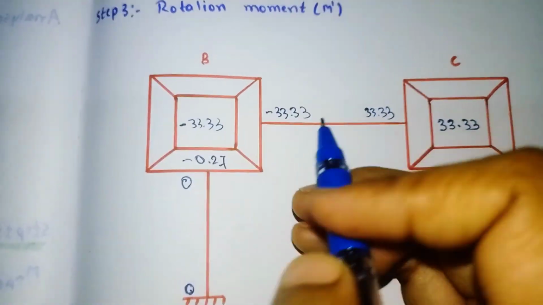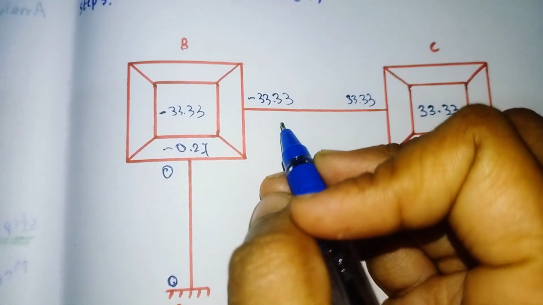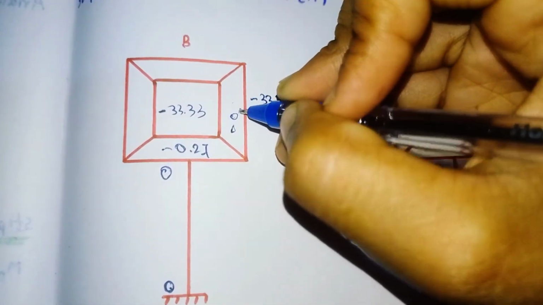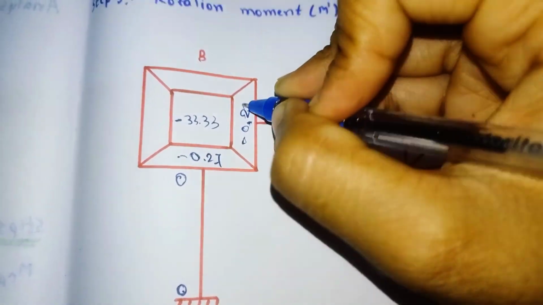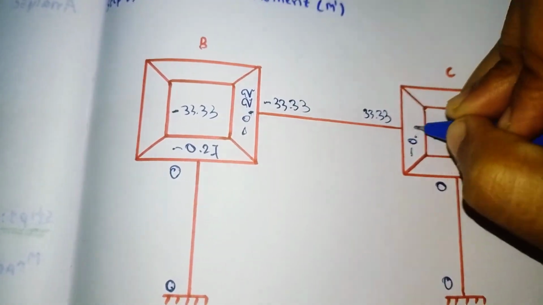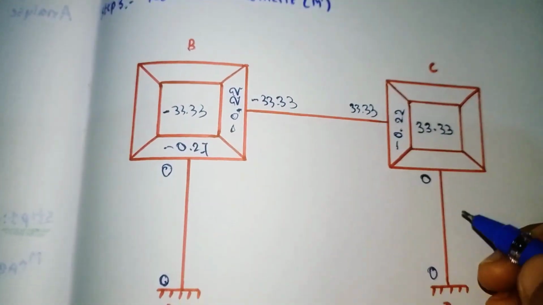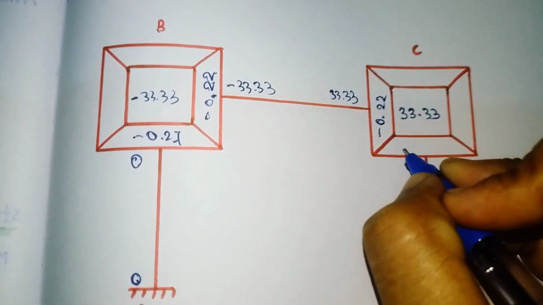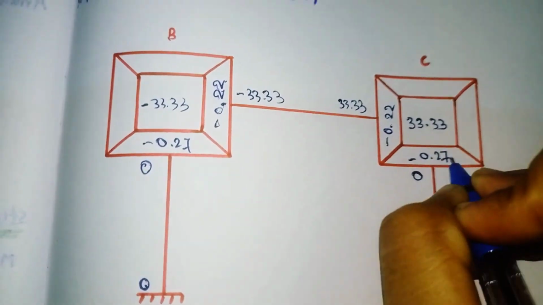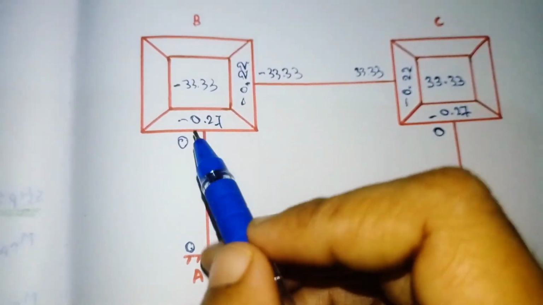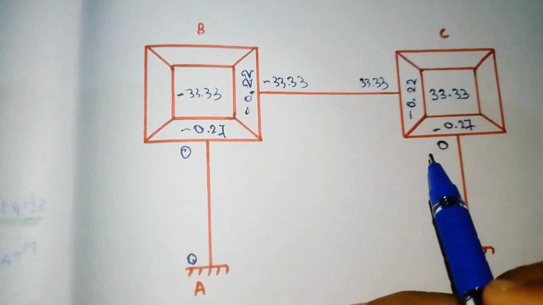The rotation factor of BC we got was minus 0.22, and here also we got minus 0.22. Here the rotation factor of CD we got was minus 0.27.